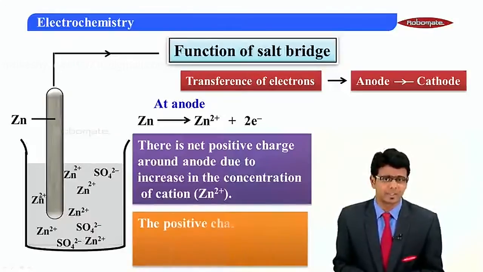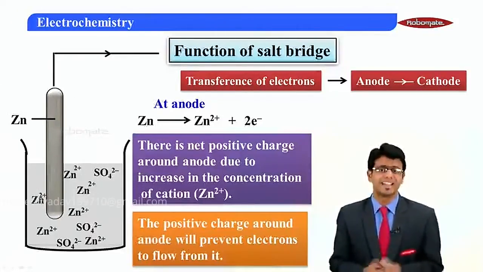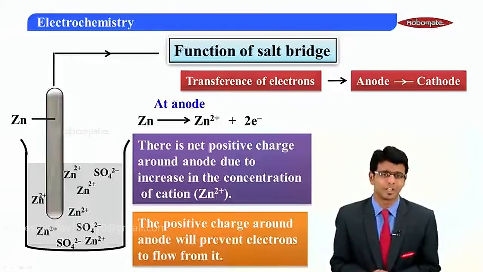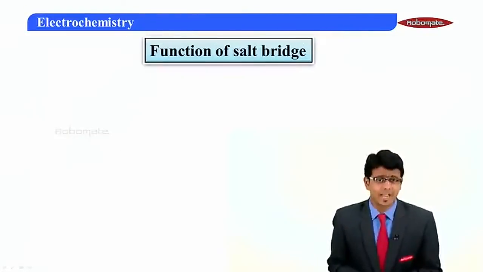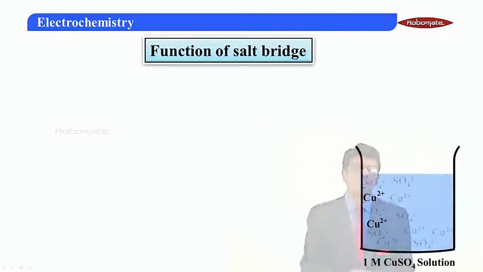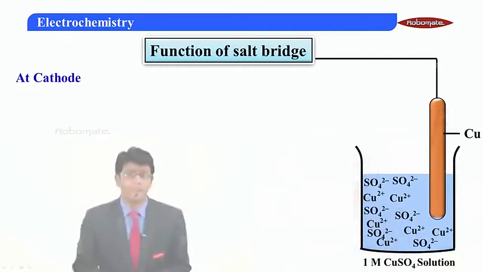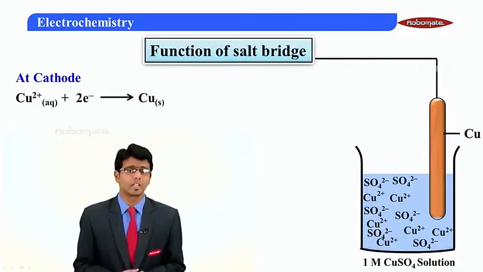The positive charge around the anode will prevent the electrons from flowing from it. At the same time, what is happening at the copper electrode? You have a copper sulfate solution containing the copper electrode, and from the anode the electrons are coming.